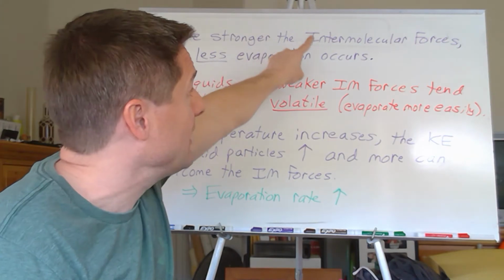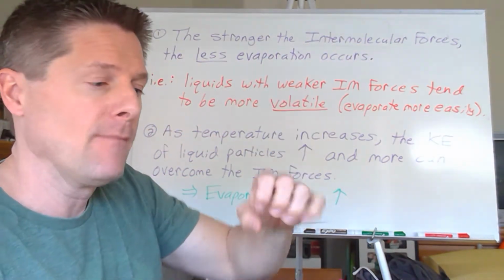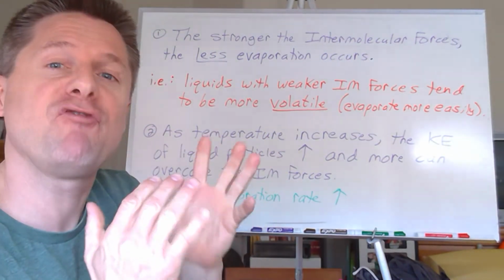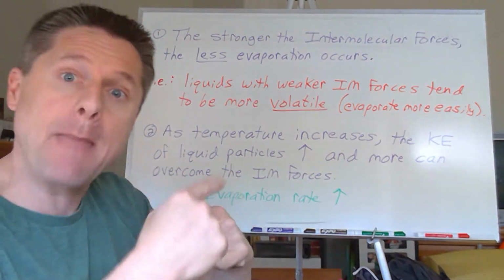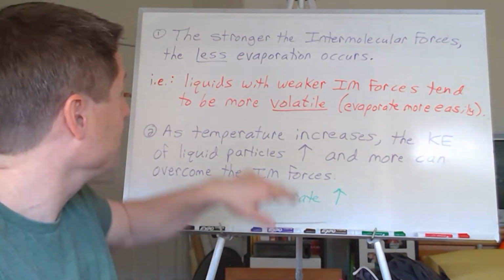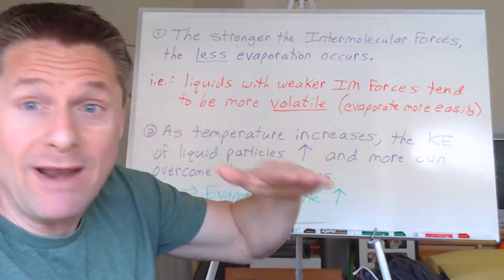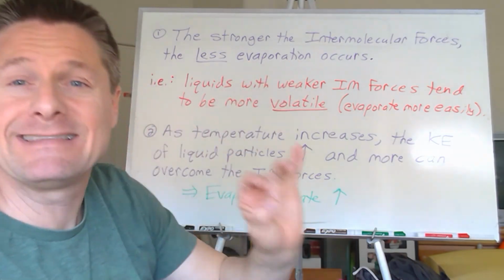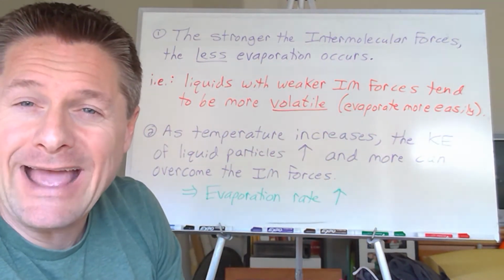So if the intermolecular forces are stronger, right, they're increasing, those molecules or atoms of liquid are held tighter together, which means fewer of the liquid molecules have enough kinetic energy to overcome that and pop into the gas phase and join the rest of the molecules in the atmosphere, right? So would you agree there'll be less evaporation occurring at whatever temperature you're at? The stronger the intermolecular force is, the less evaporation will be occurring. So you'll have fewer particles in the gas phase.